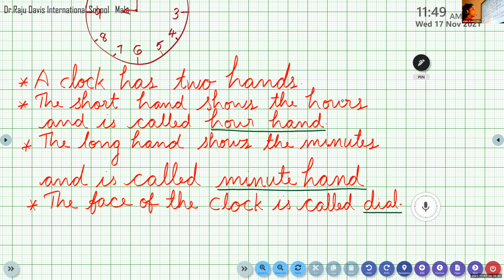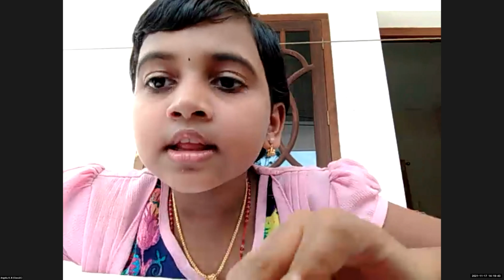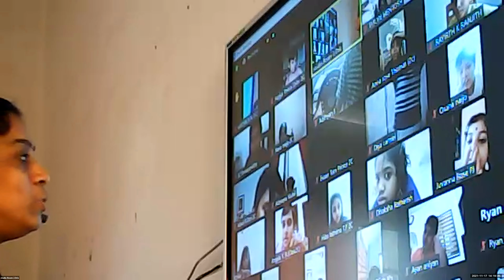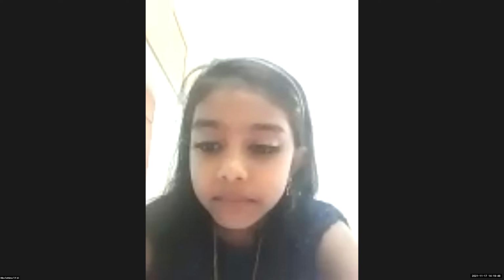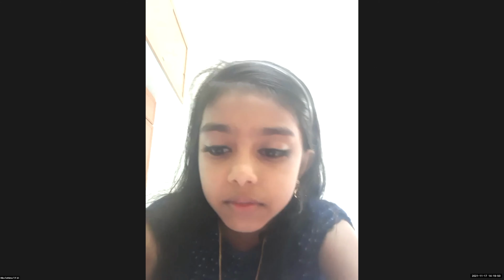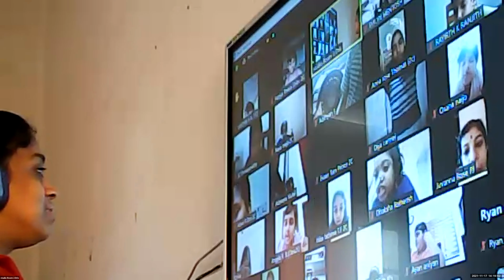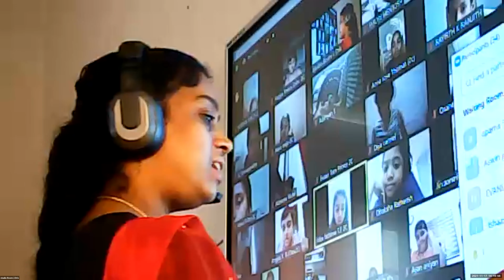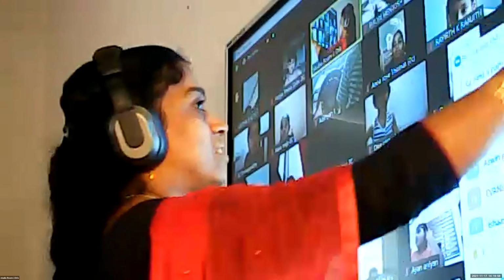Bangles we use only for drawing the circle. I will send the message in the group. A4 sheet, anything you can take, your own choice.